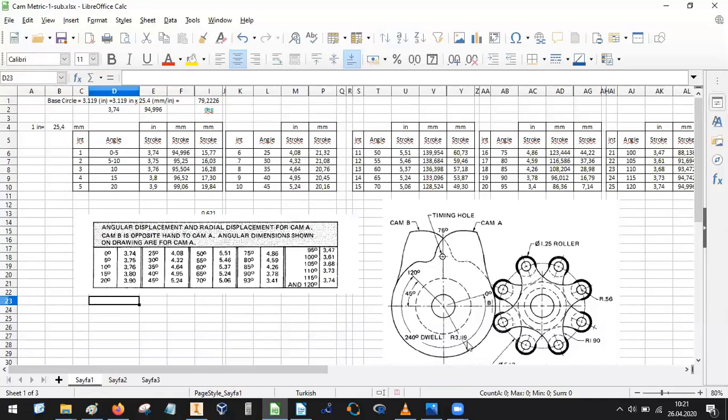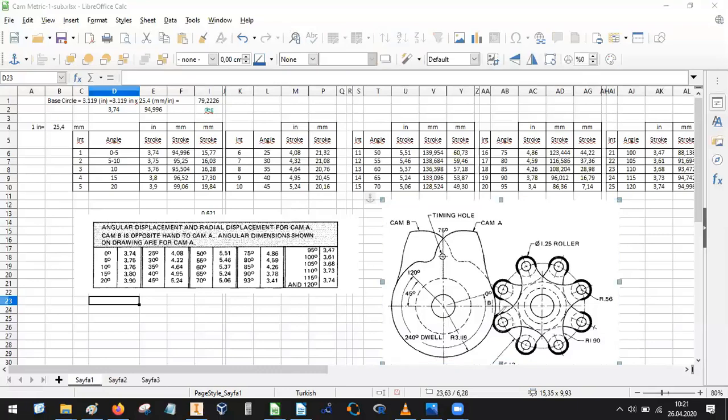Here, our base circle is 3.119, okay? In inch units, of course. And I will just convert that inch units to metric units, which is 79.2226.